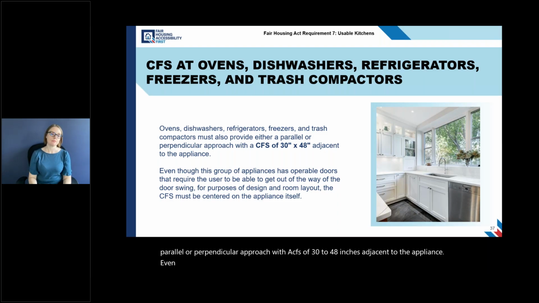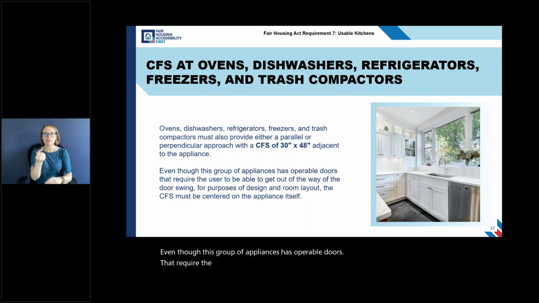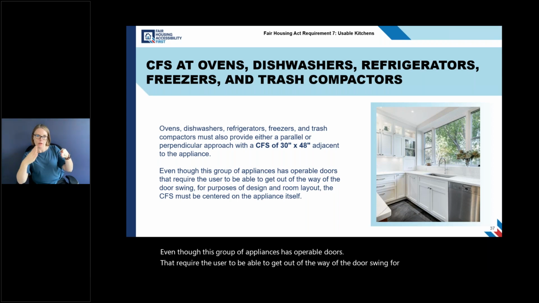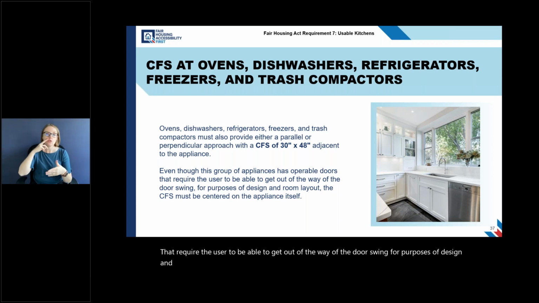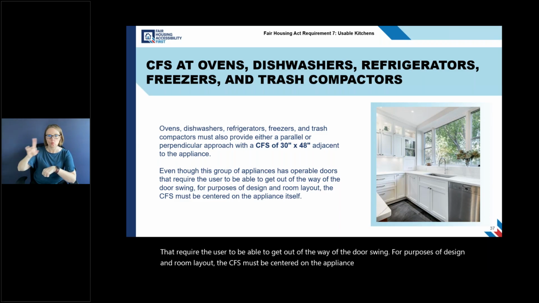Even though this group of appliances has operable doors that require the user to be able to get out of the way of the door swing, for purposes of design and room layout, the CFS must be centered on the appliance itself.